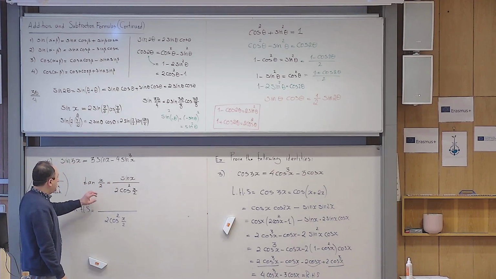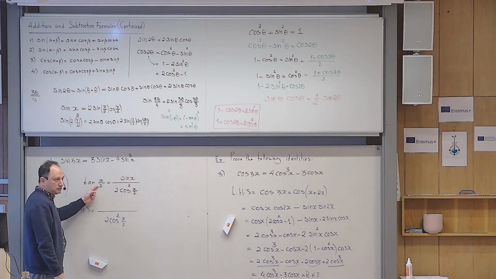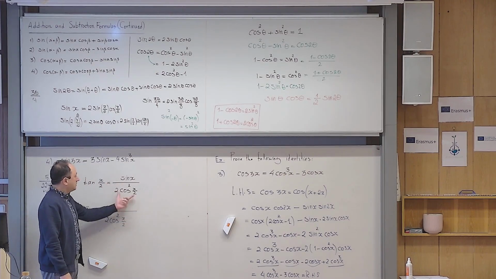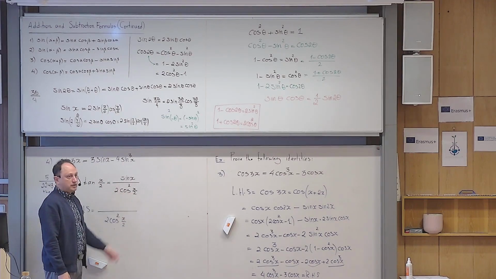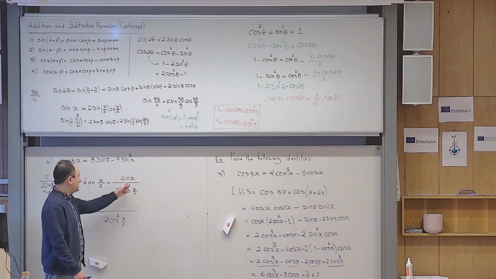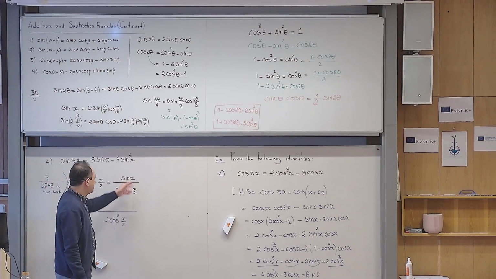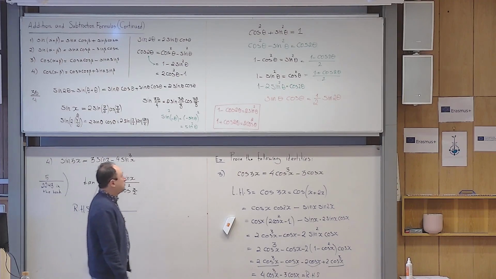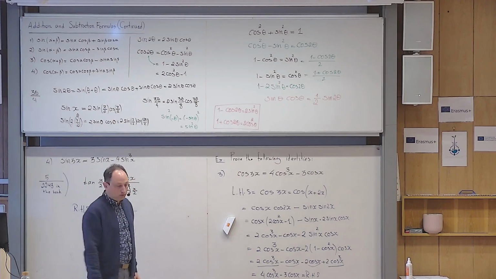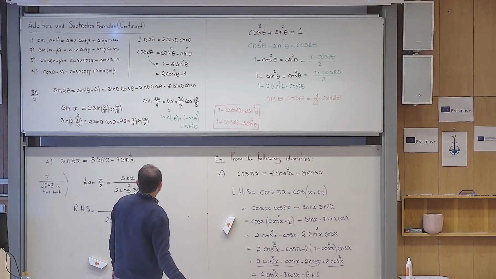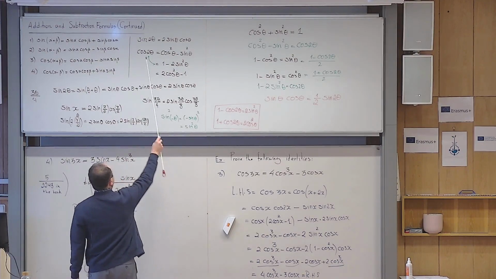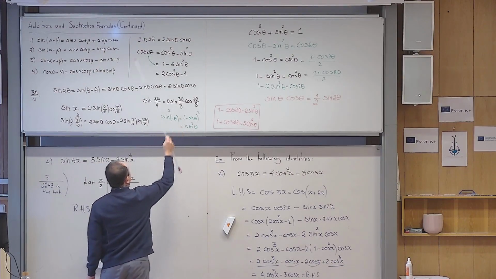I realized that the left-hand side is expressed in terms of half of the angle. On the right-hand side, this part at least is expressed in terms of half of the angle, but this is not half of the angle, okay? So I want to get rid of this x in favor of half of the angle. That is exactly why this formula is in the formula sheet.